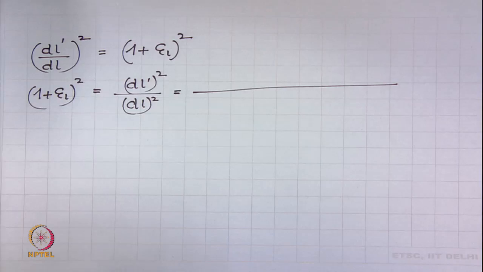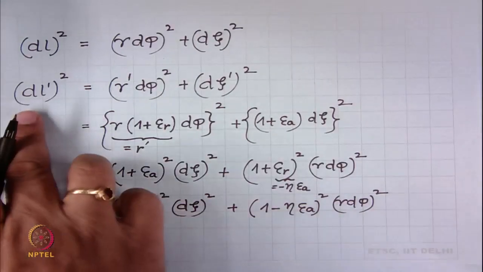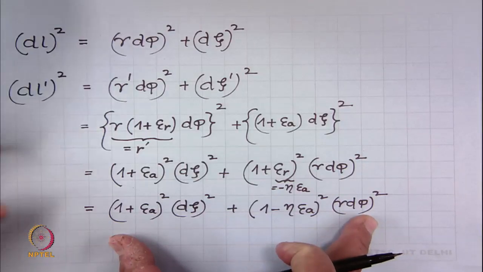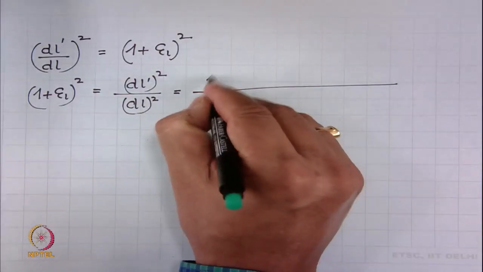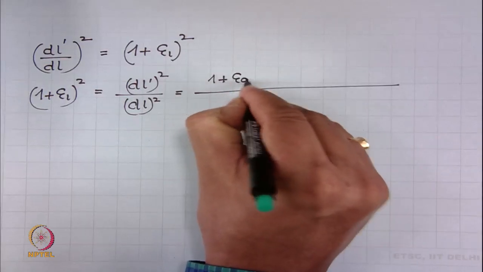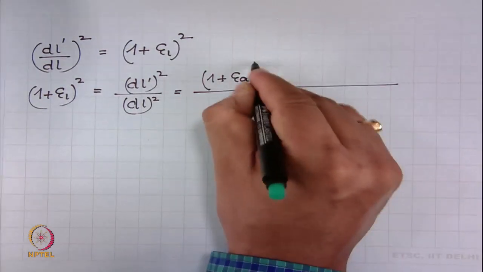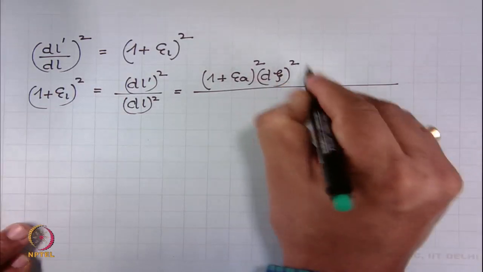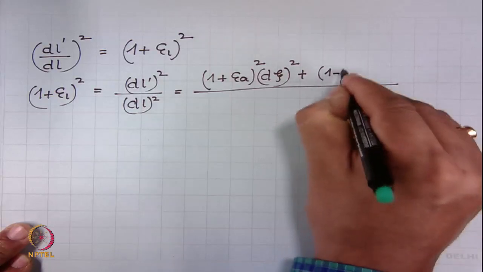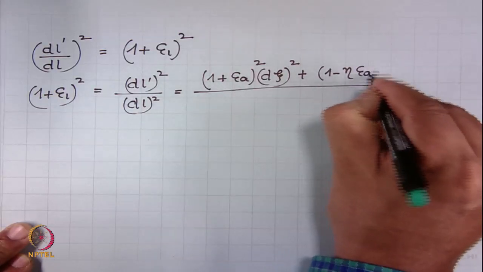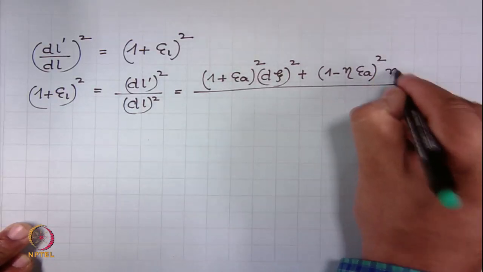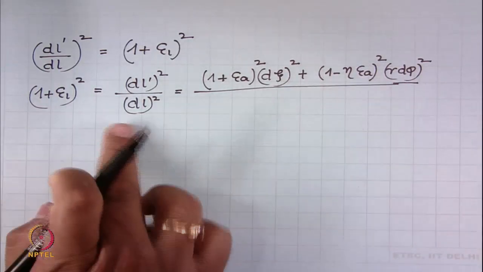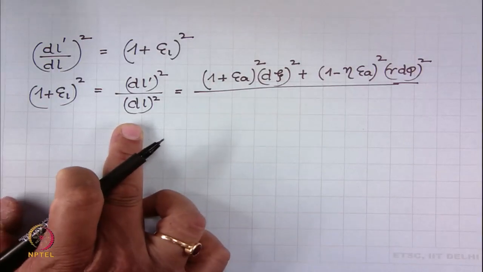We have just now derived dl prime square is this. So, we write this in the numerator: 1 plus epsilon a squared d zeta square plus 1 minus eta epsilon a squared r d phi square. In the denominator it is dl square.